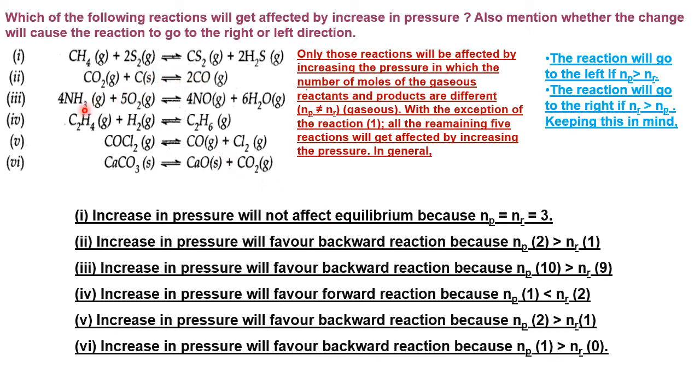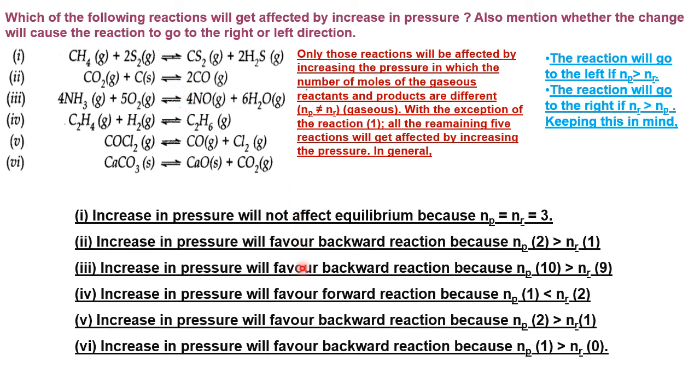In the same way, this reaction: reactant side 5 plus 4 is 9, product side 4 plus 6 is 10. So 9 to 10, the moles are increasing, so the reaction is favoring low to high pressure. If you decrease the pressure, forward. If you increase, backward.